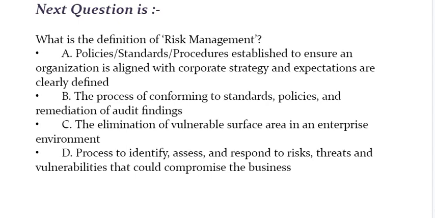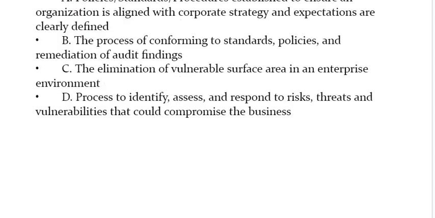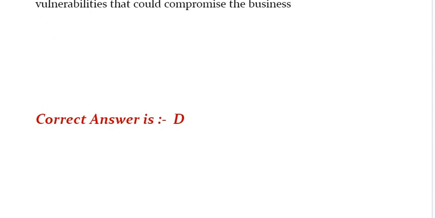Option C. The elimination of vulnerable surface area in an enterprise environment. Option D. Process to identify, assess, and respond to risks, threats, and vulnerabilities that could compromise the business. Correct answer is option D.